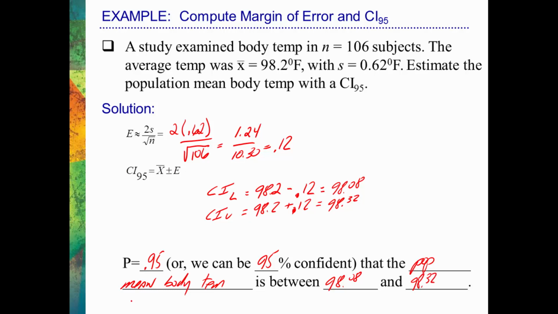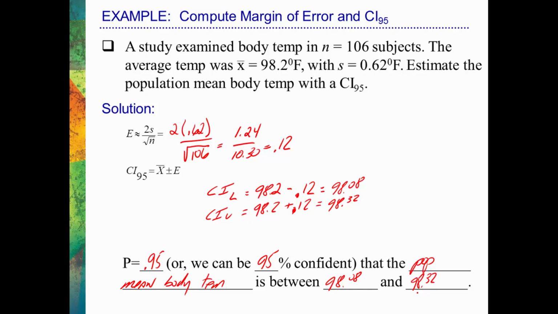That's pretty interesting. I mean, we're saying the probability is 0.95. That's a high probability that the true population average body temperature is between 98.08 and 98.32. You'll note that 98.6 degrees Fahrenheit is not within that 95% confidence interval.